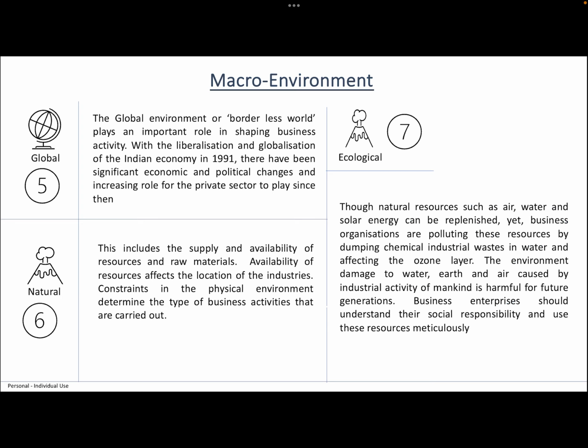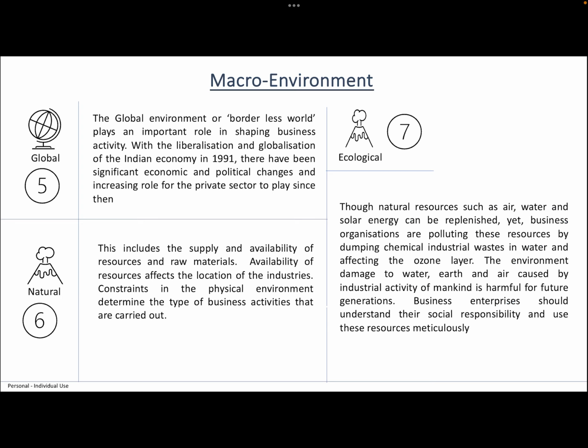A lot of private sectors are playing major roles even in essential commodities like electricity, water supply, etc. So this is all about global things. We should know before making any strategy what is happening, what might happen in the future in other countries. Based on that, a decision can be taken.